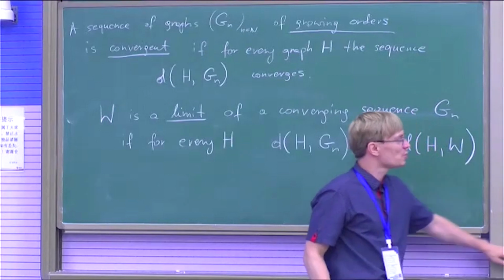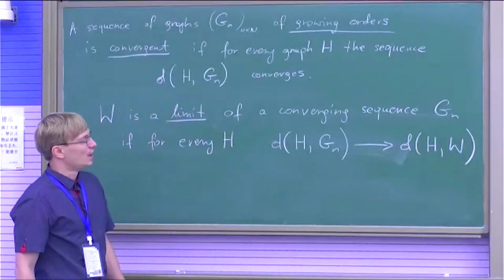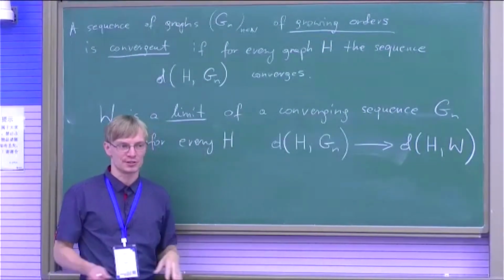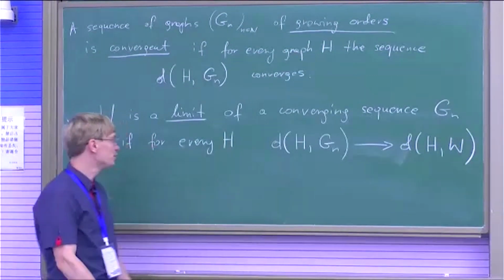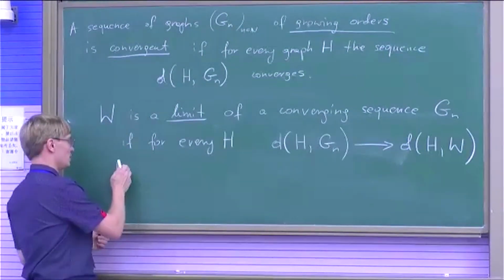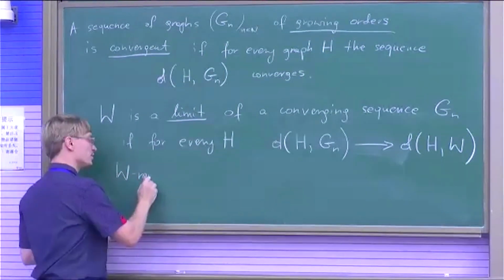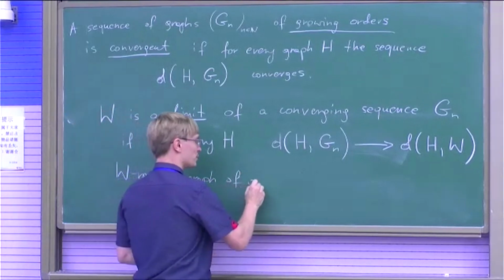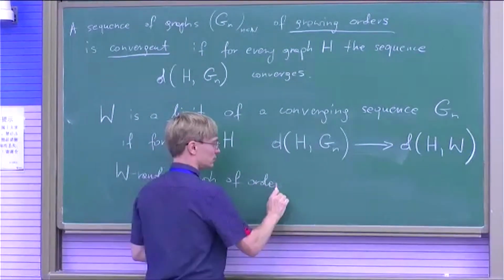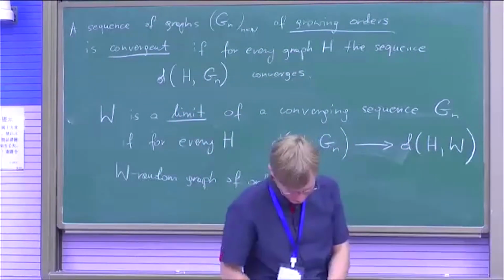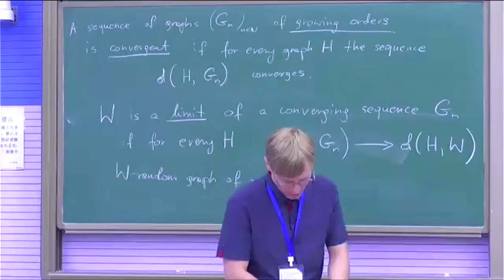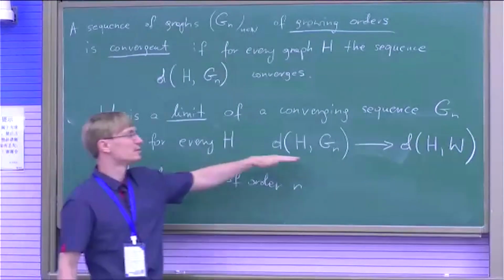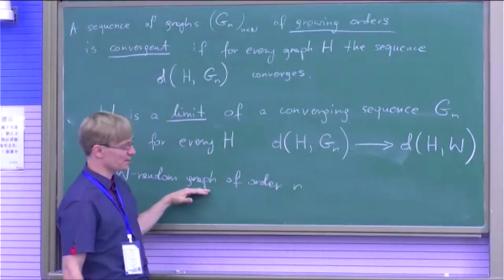Okay, so one question is easy. It's just some standard application of the Azuma-Hoeffding inequality or some other concentration inequality. If you consider those W-random graphs of order n, the thing that I defined there, this is a sequence of graphs, right?